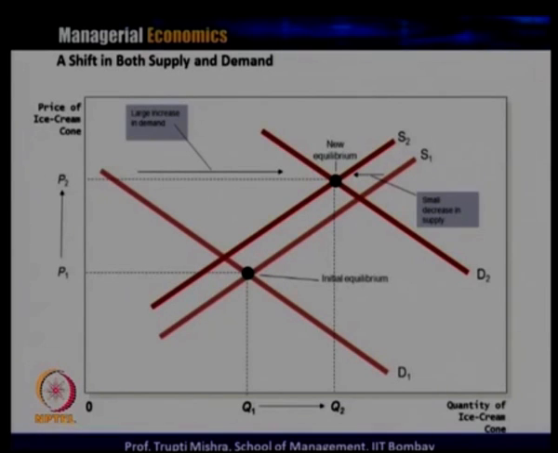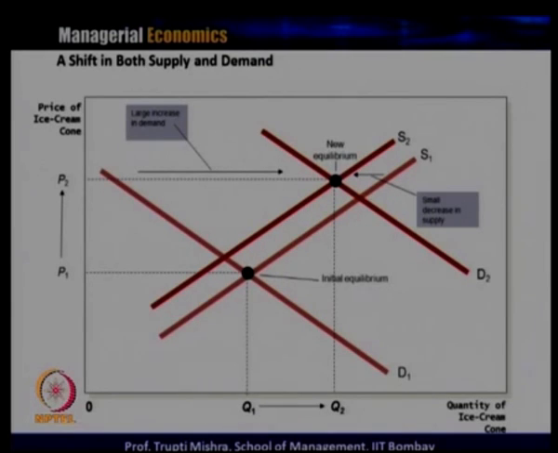Now the increase in the demand is greater than the decrease in the supply. Demand and supply are changing in opposite directions: demand is increasing, supply is decreasing, and that leads to a scenario where at the new equilibrium there is both an increase in the price and an increase in the quantity.